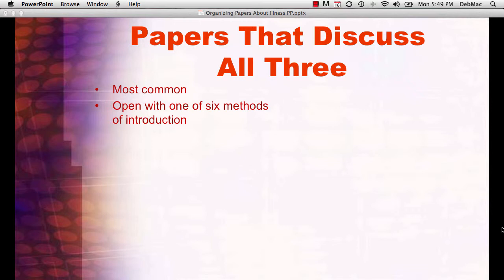Certainly you could start with a story, either real or fictional, of a person who is suffering from a particular illness. That could be a good way to open your paper. But as always, a broad statement introduction, such as the one we used for paper 1, is also perfectly acceptable. A broad statement introduction is never incorrect in an informative academic paper. So it's good to know how to use those.